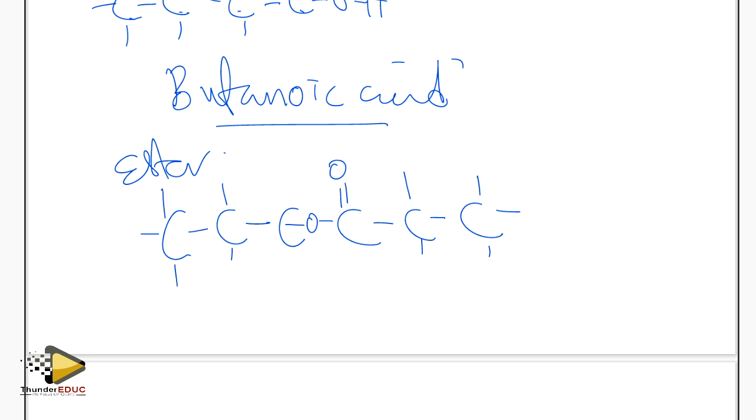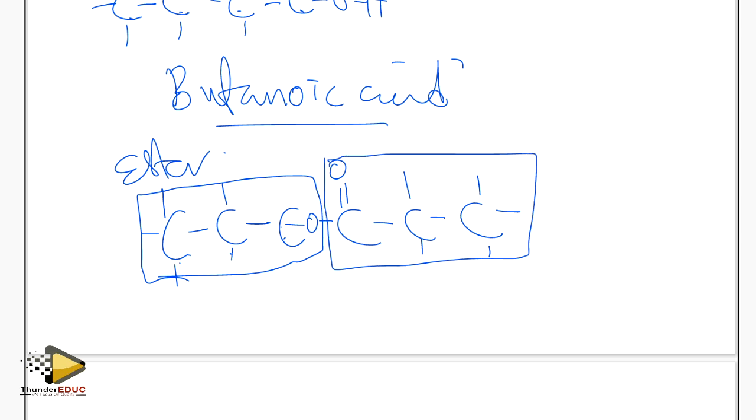So now it becomes one, two, three. This one comes from an alkyl because the oxygen is attached to the carbon atom with a single bond. Where oxygen is attached with a double bond, it means that it comes from a carboxylic acid, while this one comes from alcohol.